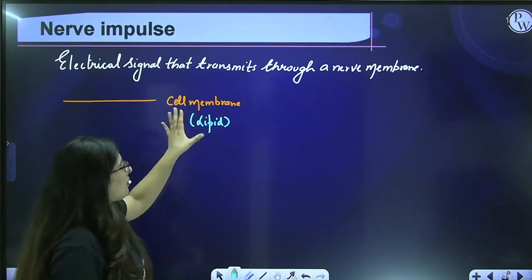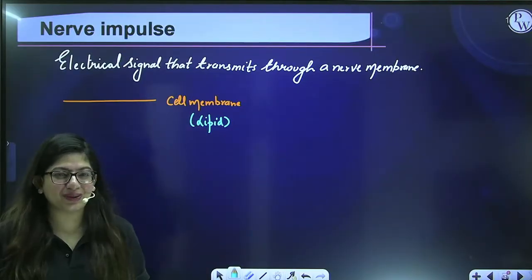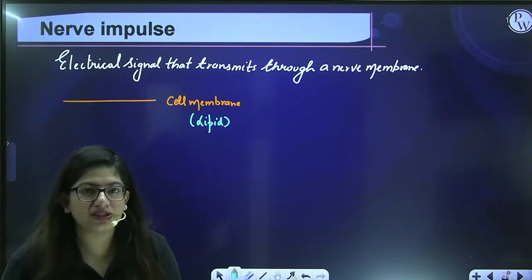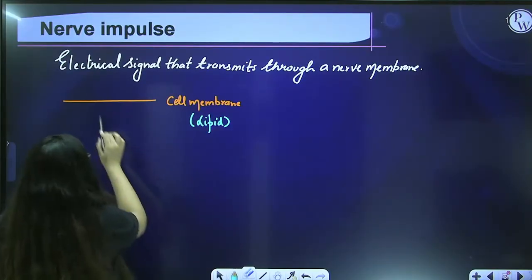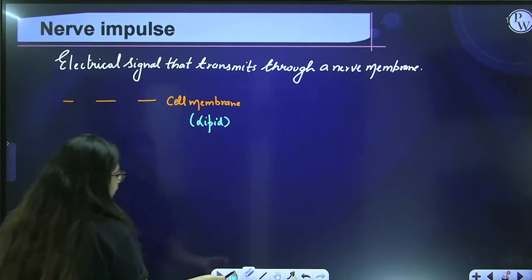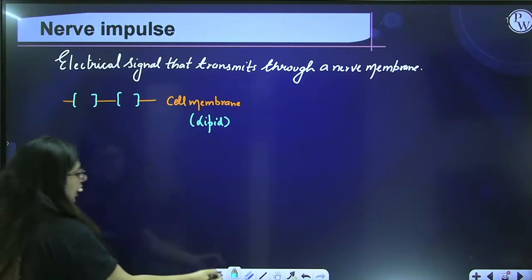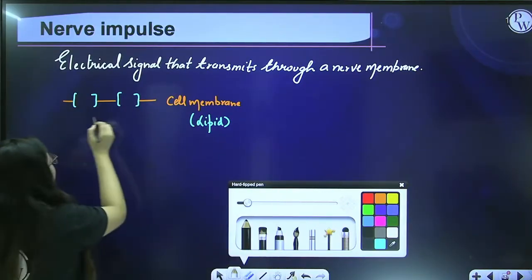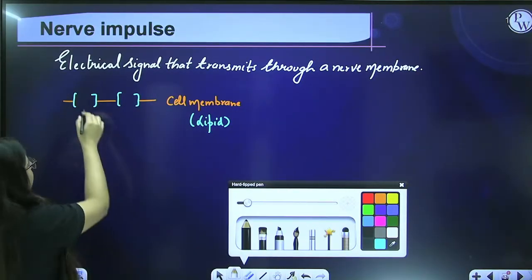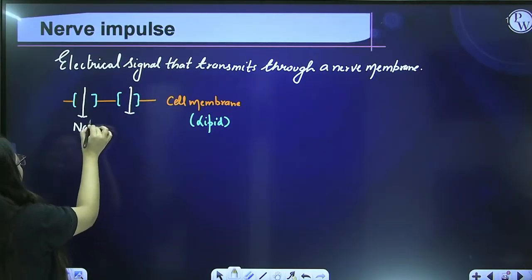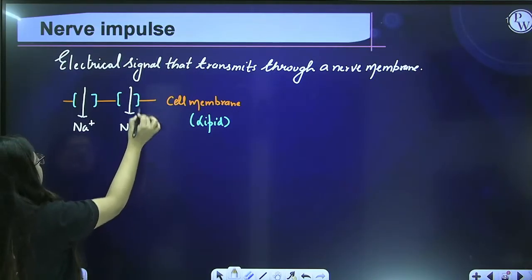But lipids are insulators, and they will not allow the formation of this charge. Then how will the charge be formed? For that we have certain ion channels. For example, this is a sodium ion channel. When this opens, it leads to the movement of sodium ions.